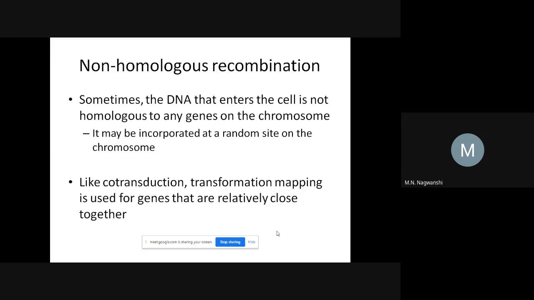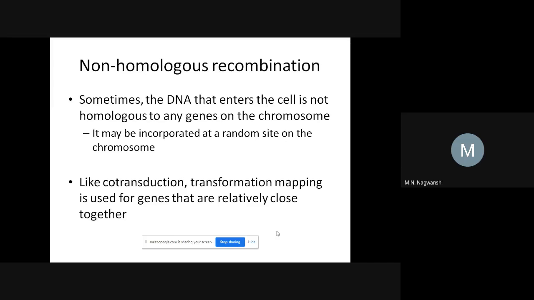The example that we have seen was homologous to the bacterial genome, but sometimes the DNA fragment is not homologous to any gene of the bacterial chromosome. Then it may be incorporated at a random site on the chromosome.